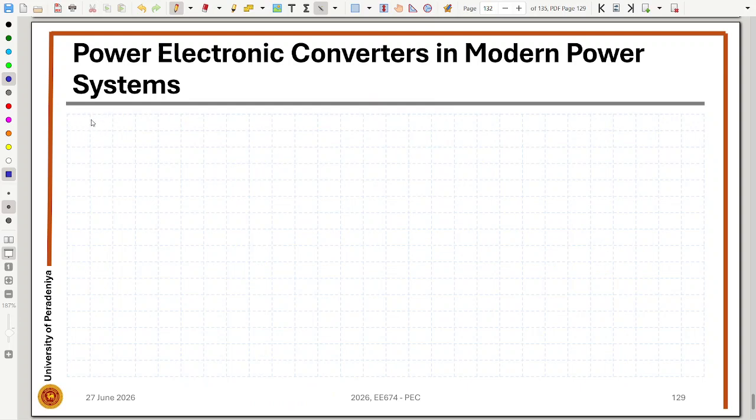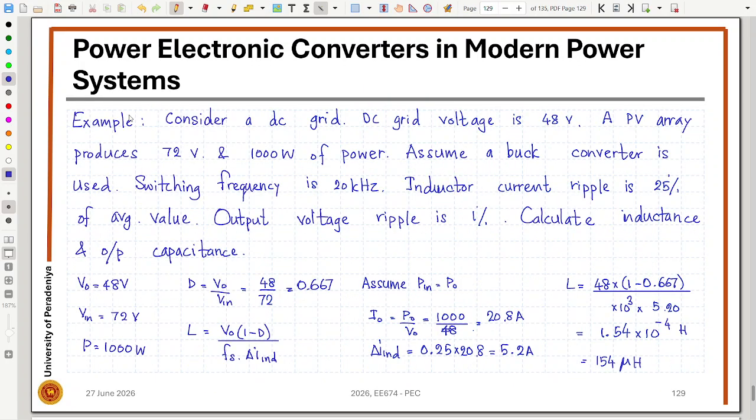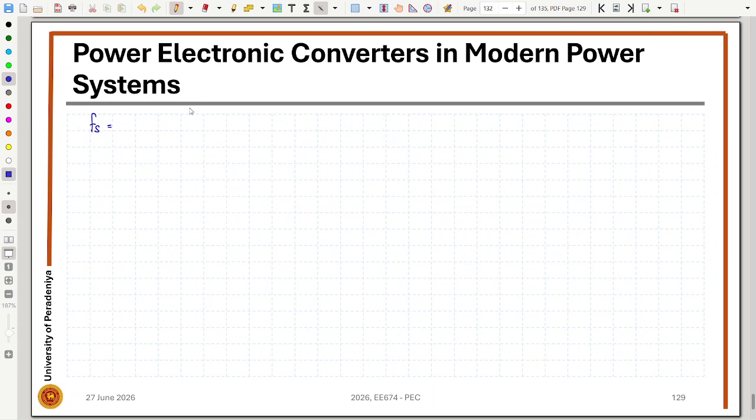For that, in this system the highest frequency component is the switching frequency, which is 20 kilohertz. We need to get the average inductor current.